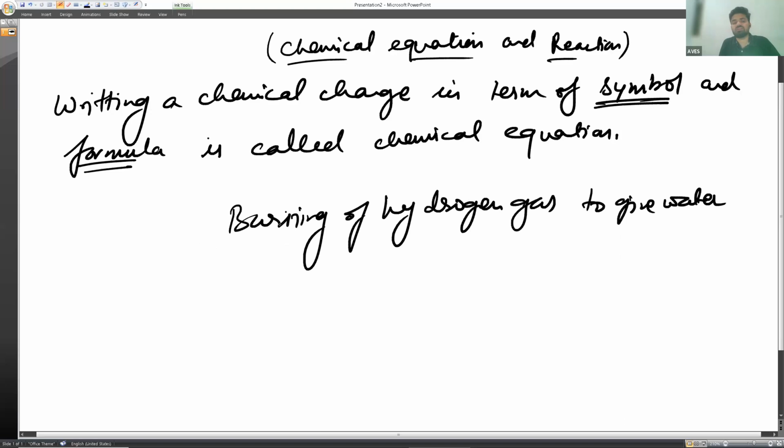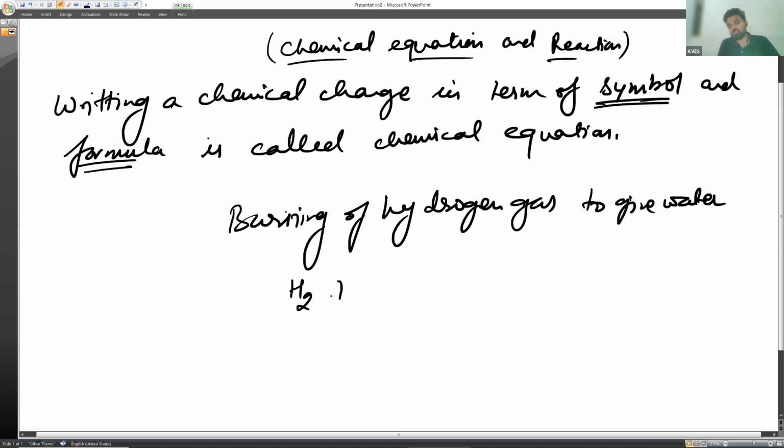Is it a chemical change or a physical change? Burning of hydrogen gas, burning of paper, something. So it is a chemical change.